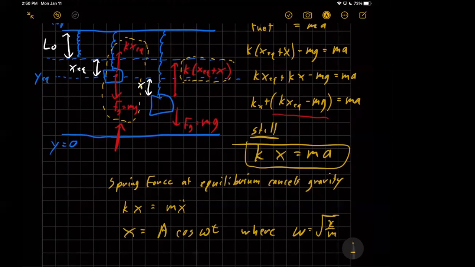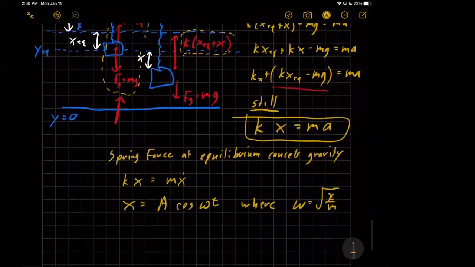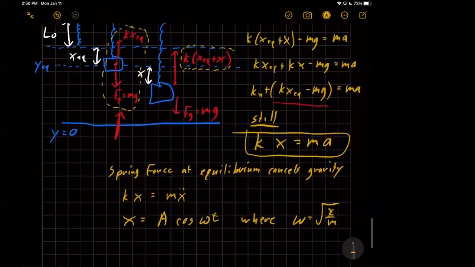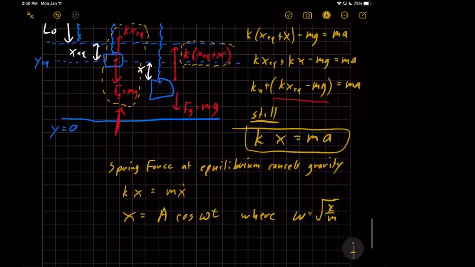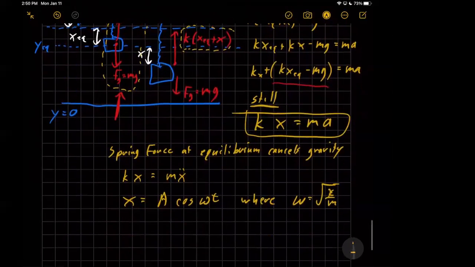Now, when you get into the MATLAB code later, you're going to see that we talk about the y values, and we need an equation for y. So we're going to say y is equal to A cosine omega t plus YEQ.